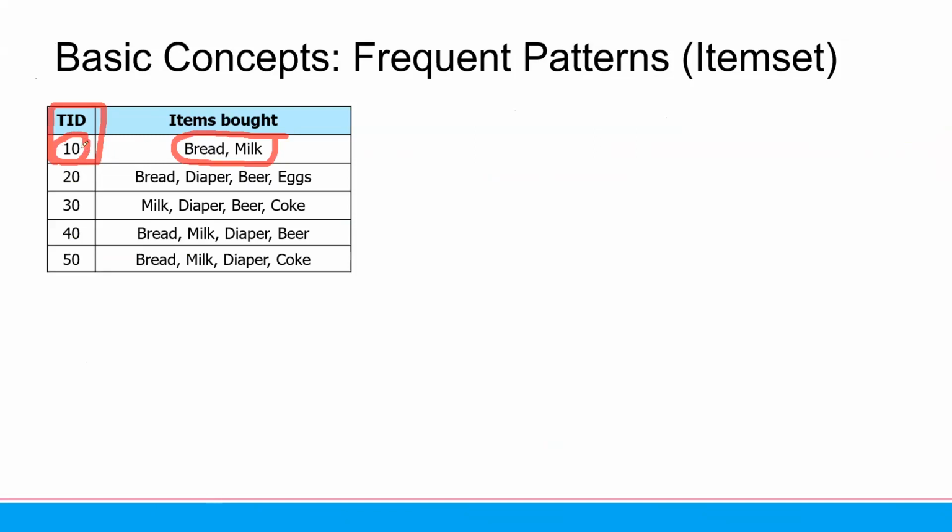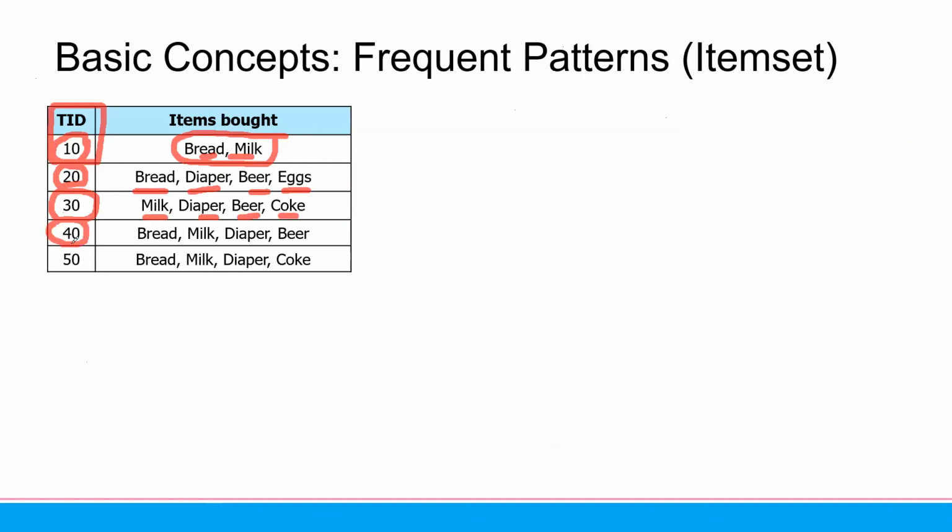The person who did this transaction bought bread and milk. The person in transaction ID 20 bought bread, diaper, beer, and eggs. The person in transaction ID 30 bought milk, diaper, beer, and coke.